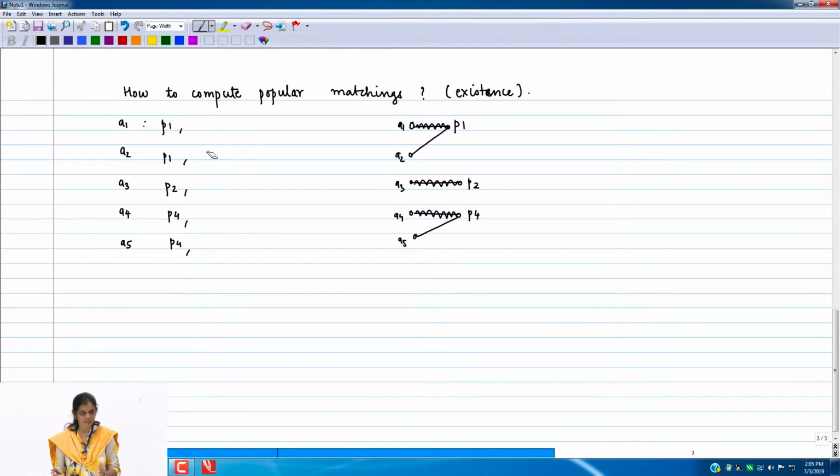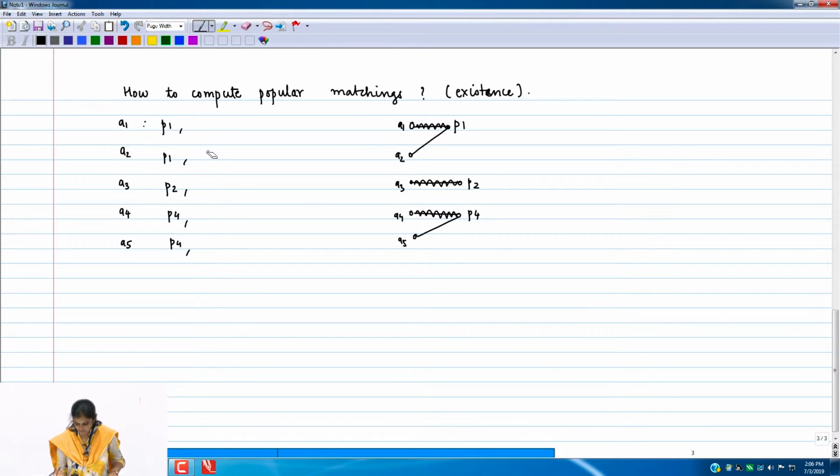If I do this, then all these posts are gone, they are not available for me. So I should look at the remaining posts and ask: can I get a popular matching by matching the remaining applicants to the remaining posts? It is also conceivable that I may have to leave some applicants unmatched, because we have seen that popular matchings may leave applicants unmatched. There is nothing wrong in leaving them unmatched, right?